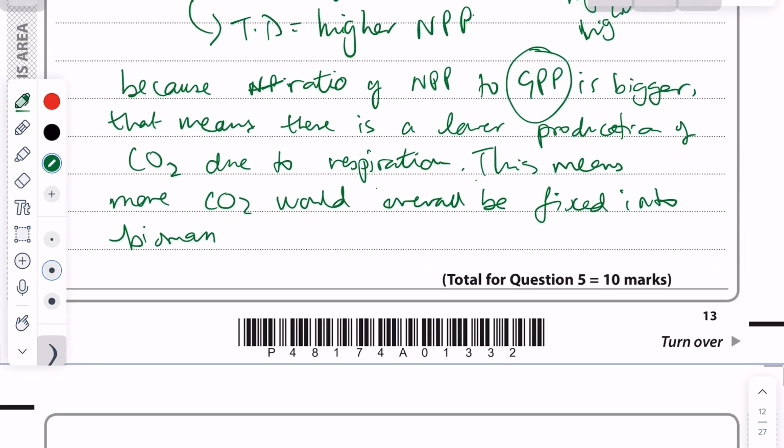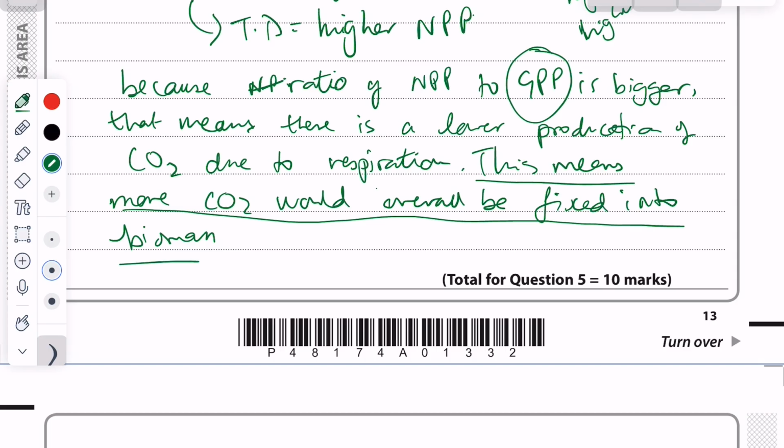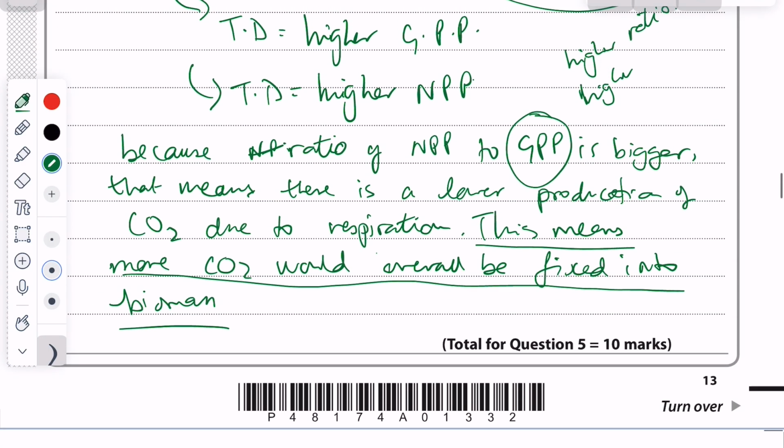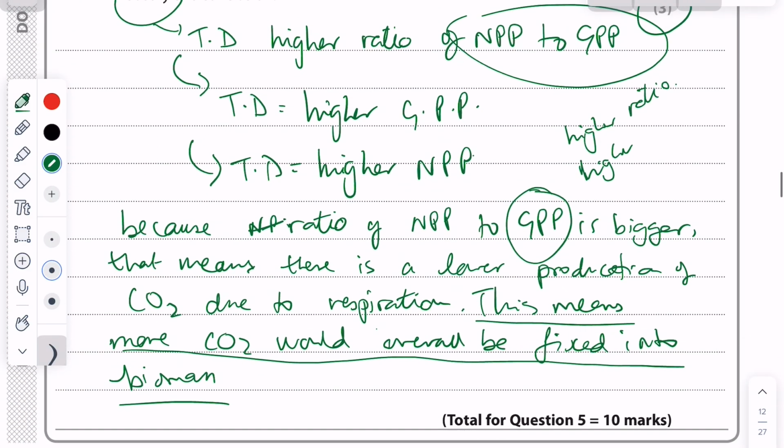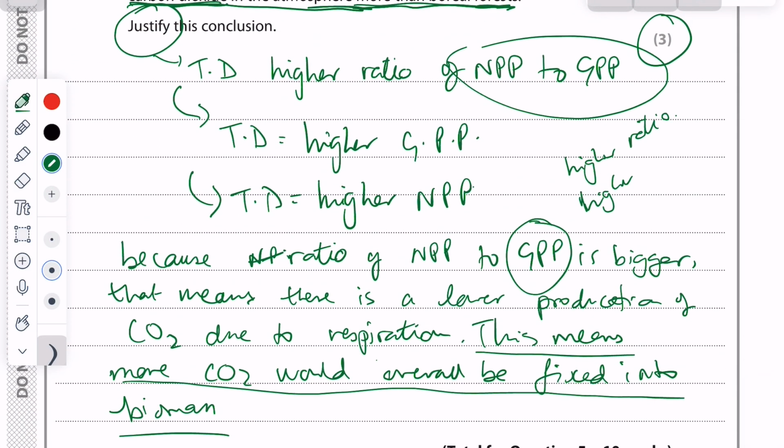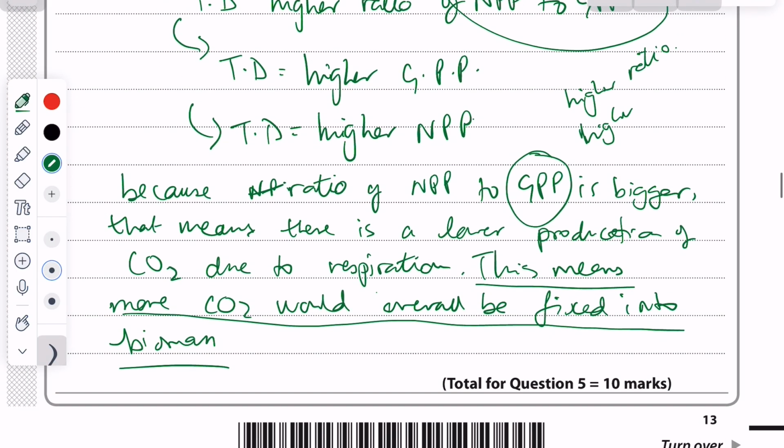But there I'm just repeating what's in the question, so I don't know if I would get marks for that. We have 3 marks, so we've said that there's a higher ratio of NPP to GPP. We've got higher GPP, and we've got higher NPP, but I think the main thing is that less carbon dioxide is produced as a result of respiration.